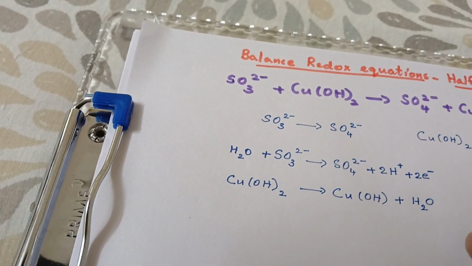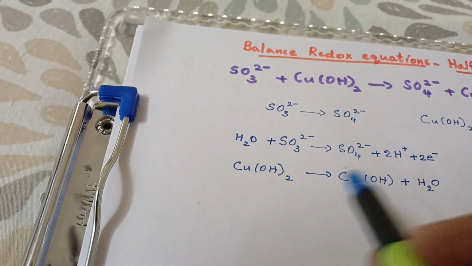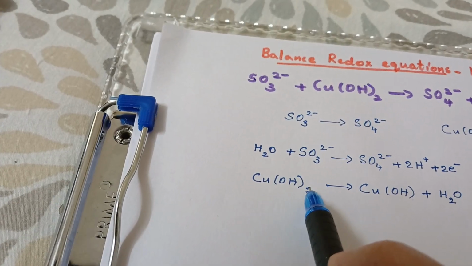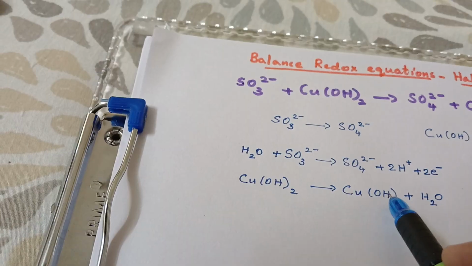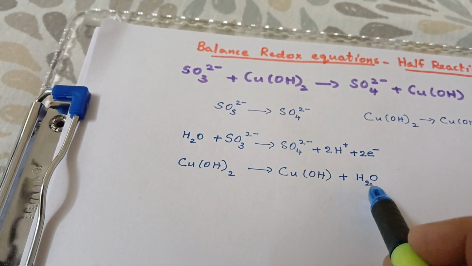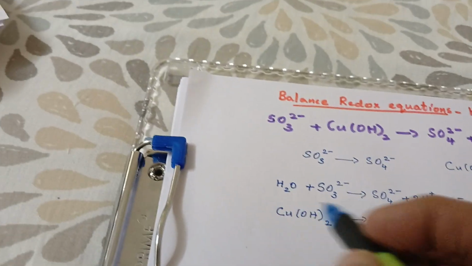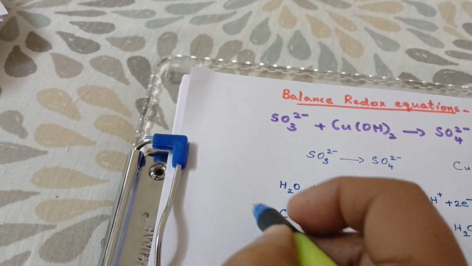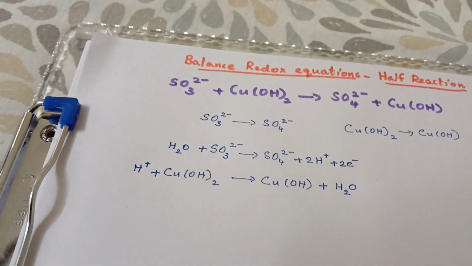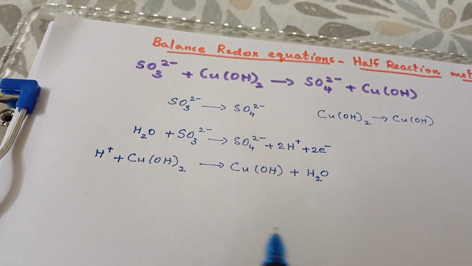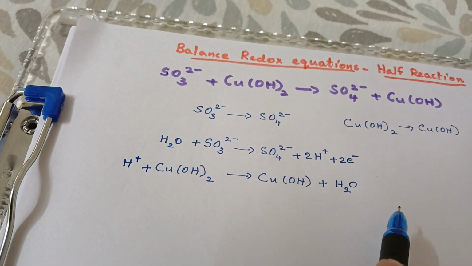So oxygens are balanced. What about hydrogens? We have 2 hydrogens on the left hand side and on the right we have 1 plus 2, 3 hydrogens. So here we can add 1 H plus ion. So number of hydrogens are also balanced.